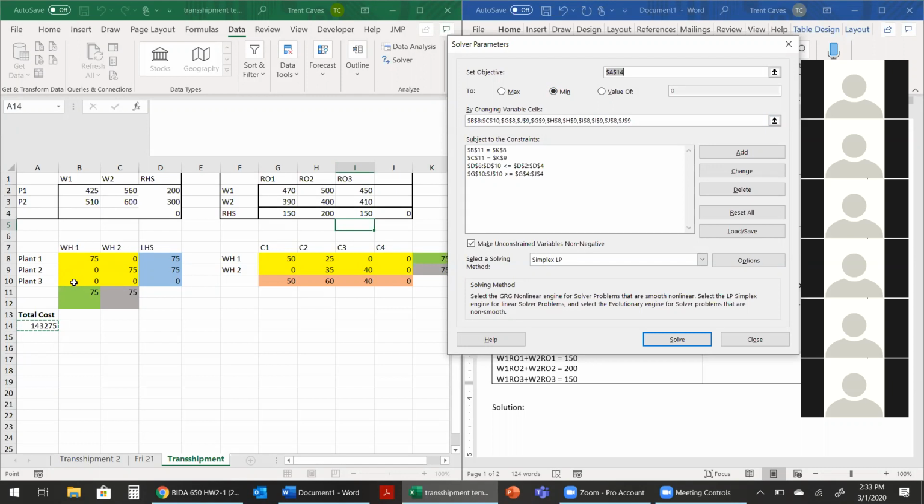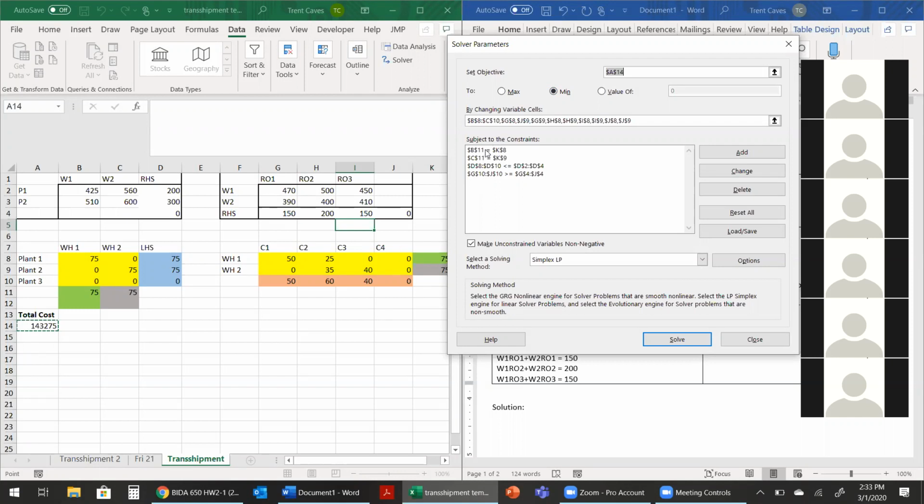Notice there's a row for plant 3, but because we don't actually use that plant, it's going to be zeros, so that we don't have to change anything there. Same thing as there's the C4 column. These are just additional columns that you could use if you had additional plants or retail outlets. But because they don't really change our solution, we don't have to change anything with those.